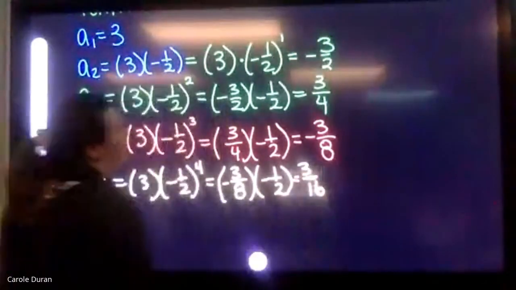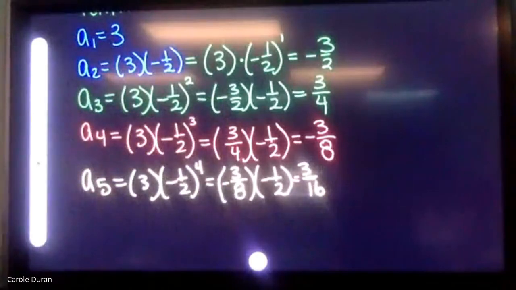Either way, we're going to end up with 3, negative 3/2, positive 3/4, negative 3/8, and positive 3/16 as our first 5 terms, regardless of how you chose to do it.